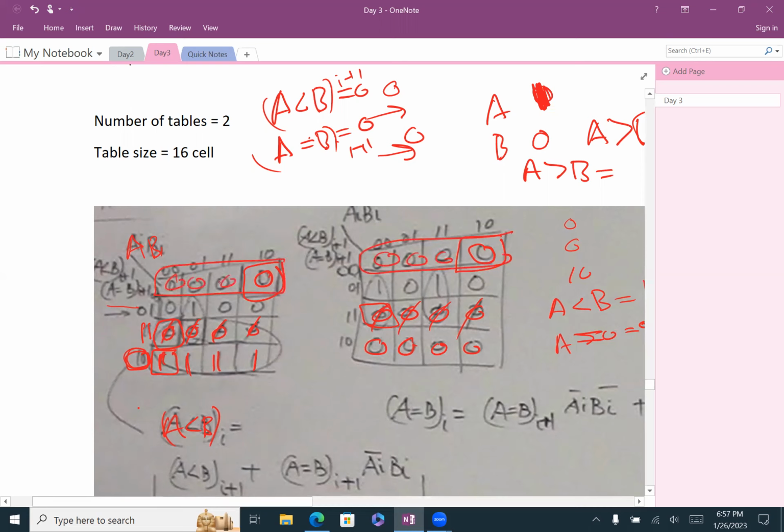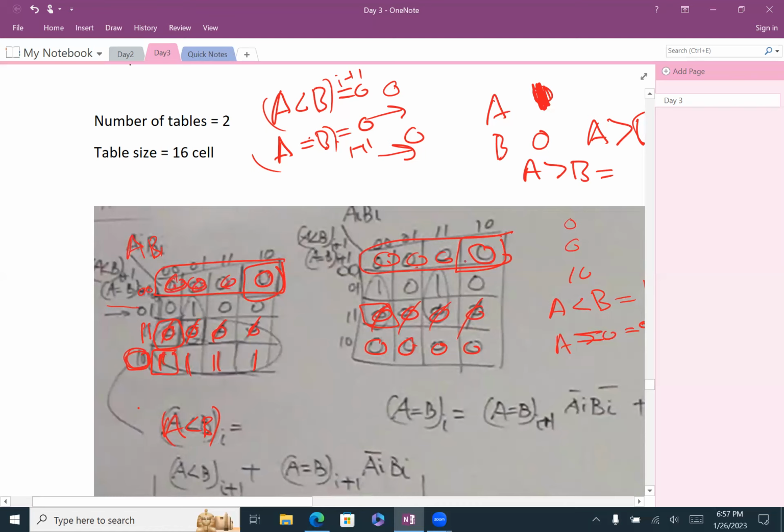Because the input here is 0, 0, which means A is bigger than B. So it's not less than B and it's not equal to B. Because remember, our outputs are either less or equal. So if it's not less and it's not equal, what does that mean? It's bigger. That's why I will make it zeros. 0 here, 0 here, that means it's bigger.